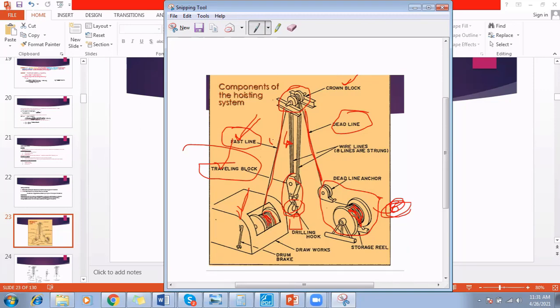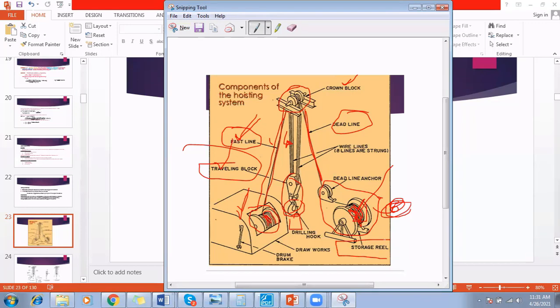whenever you are going to have need of drilling line, you will simply take from these drawworks. But when you reach a point that you need excessive or more drilling lines, then you will simply take that drilling line from this storage reel.